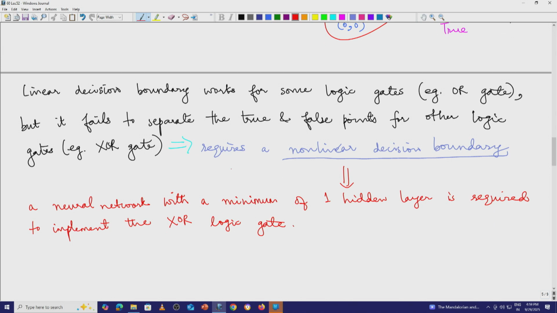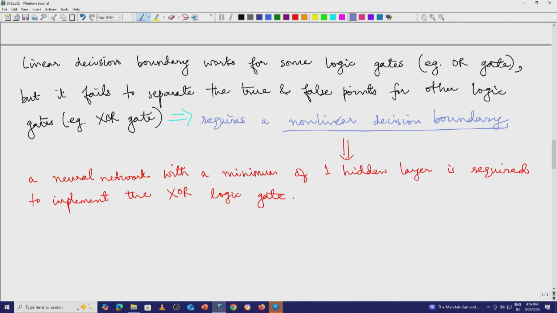Now what we will do in the remainder of the lecture is we will try to implement the OR logic gate via the use of a hidden layer. So in this case the hidden layer is not really necessary, but just as an exercise we will try to implement the OR logic gate while using a neural network with a hidden layer, right.